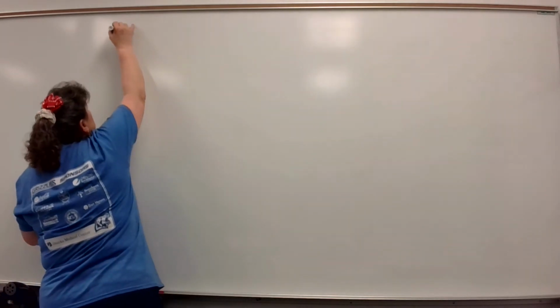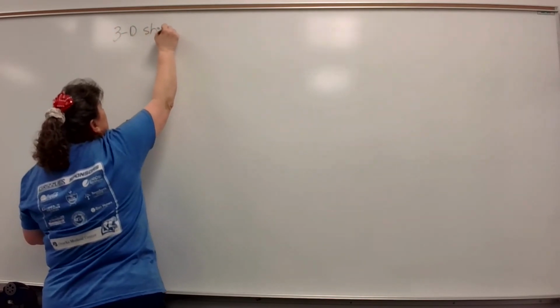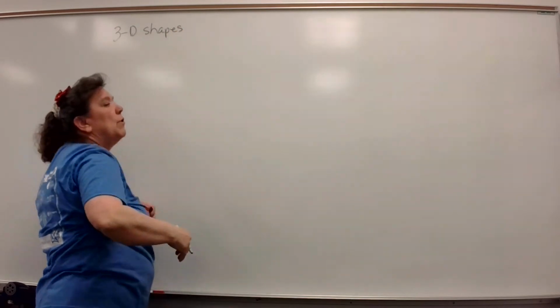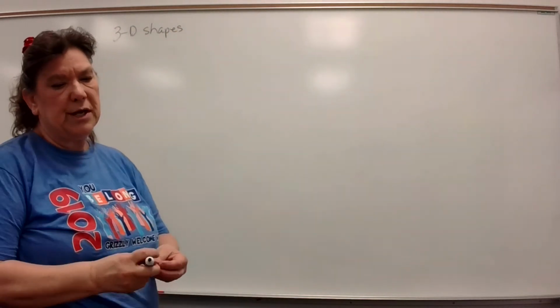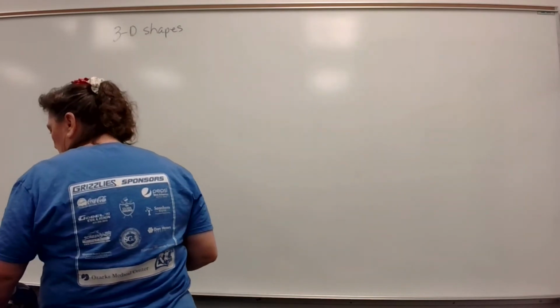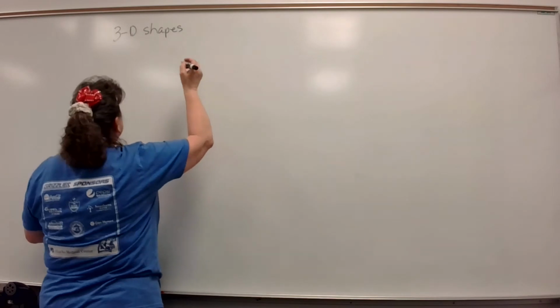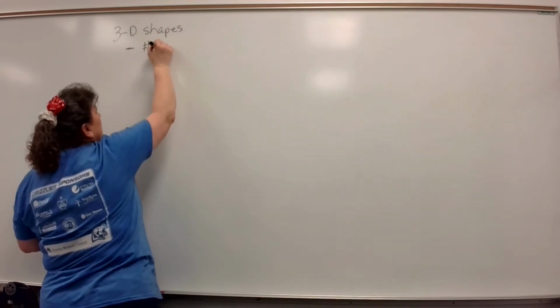In these 3D shapes, and I'm going to use 3D because of the need to include both the polyhedra and the circular shapes that we're dealing with on these. In these 3D shapes, there are certain things that you're going to be dealing with. The first thing is you're going to look at number of faces.